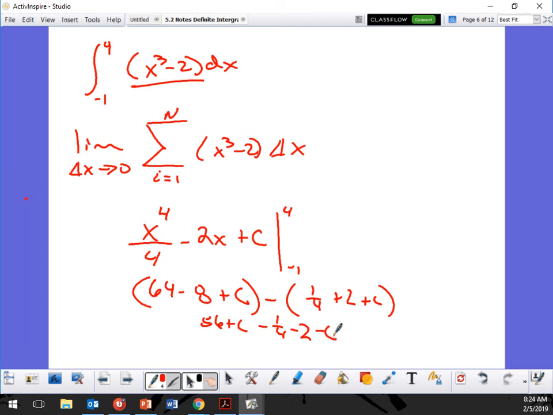That's why I said when I have bounds for the definite integral, the c is not going to matter, because I'm going to add it to one side and subtract it from the other. Together, that's going to give me 53 and 3/4. 53 3/4 is our answer.